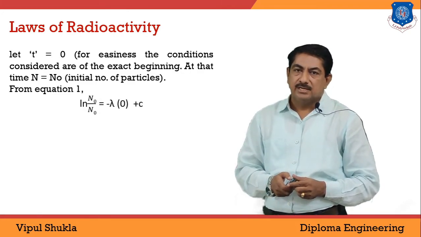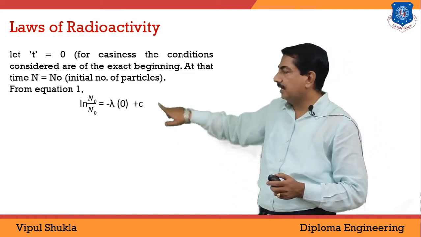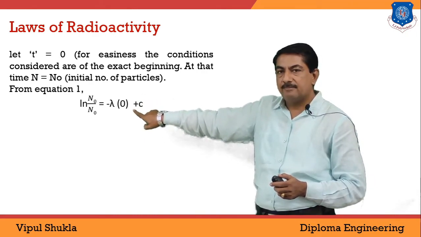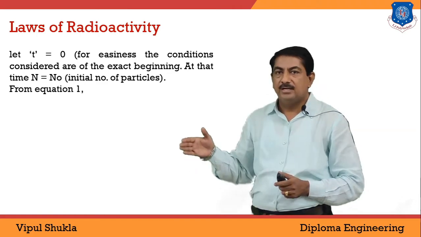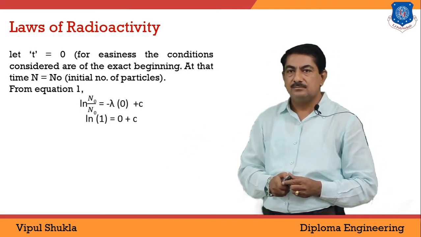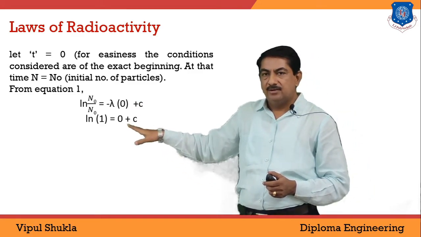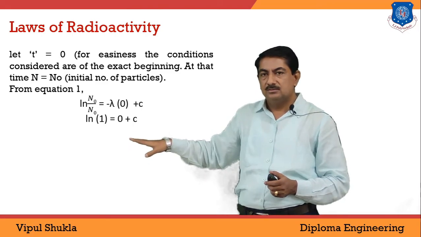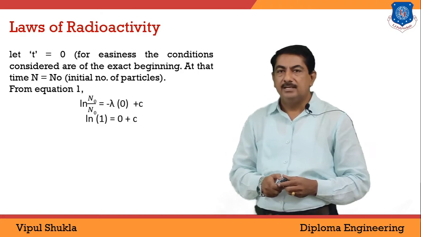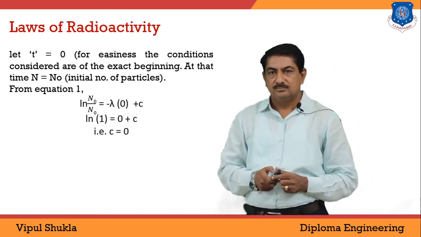By putting this condition in equation number 1, we get ln N0 by N0 equal to minus lambda into 0 plus c. Now N0 by N0 is 1, so ln 1 equal to 0 plus c. ln 1 gives 0, so finally the value of constant c is 0.